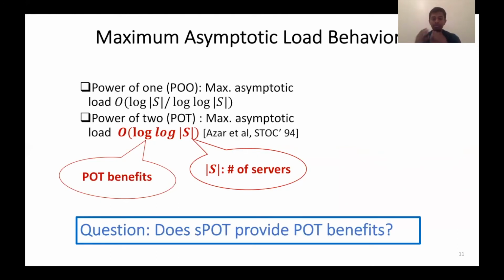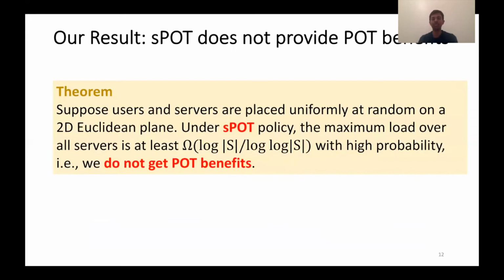So the question that we pose here is, does the SPOT policy, the spatial power of two policy, provide you these load improvements or POT benefits? The simple answer is no. What we're able to show in this work is that SPOT does not provide you POT benefits.